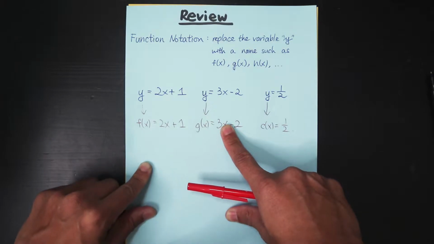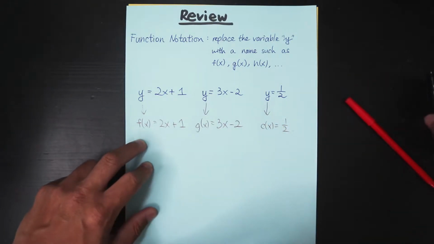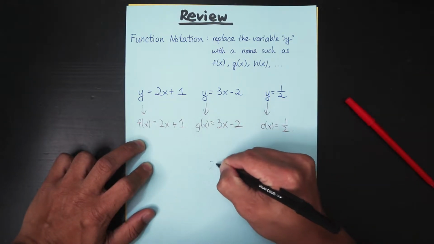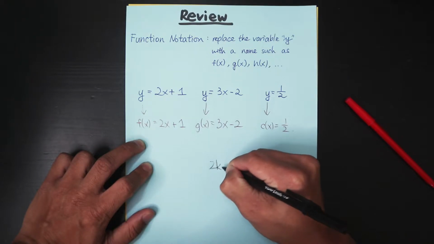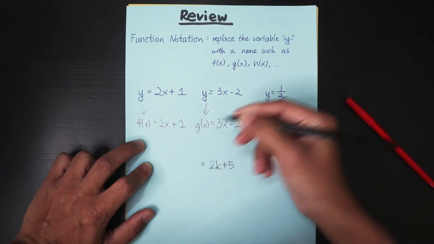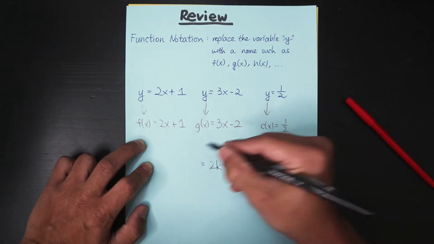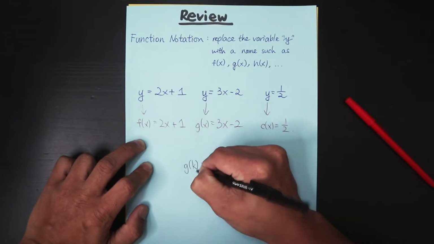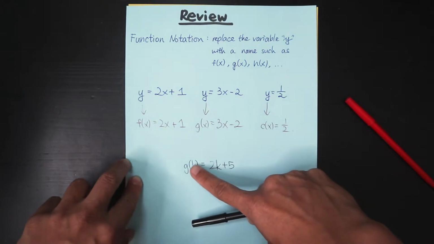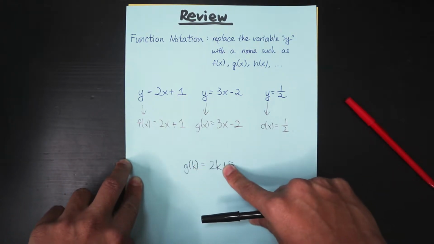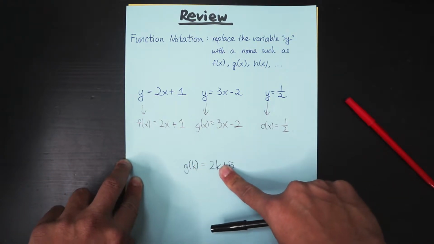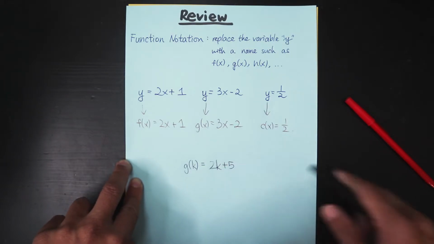And the letter inside the parentheses, in this case x, just shows which variable is the independent variable. For example, if you have an equation like 2k plus 5, then of course I cannot use x in the parentheses. I have to write, let's say, g of k. In this case, this k and this k will match because k is the independent variable.